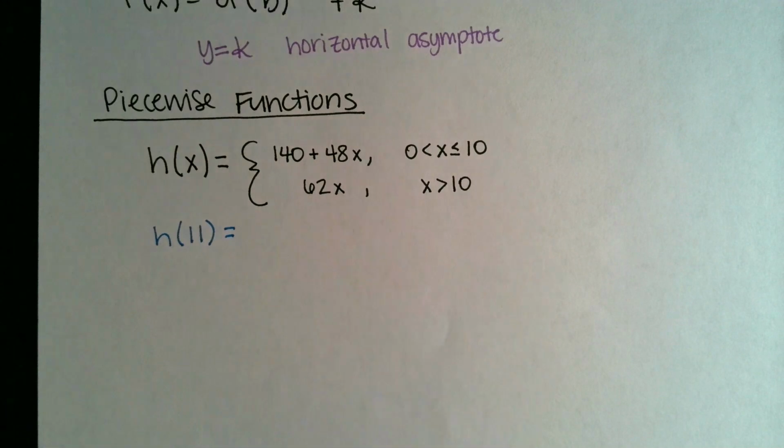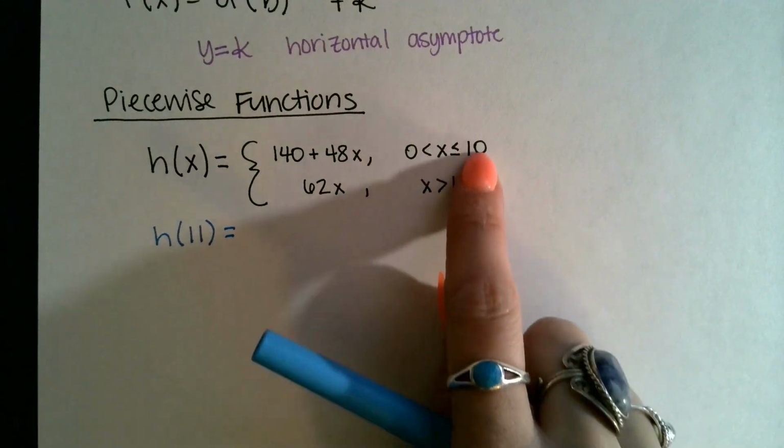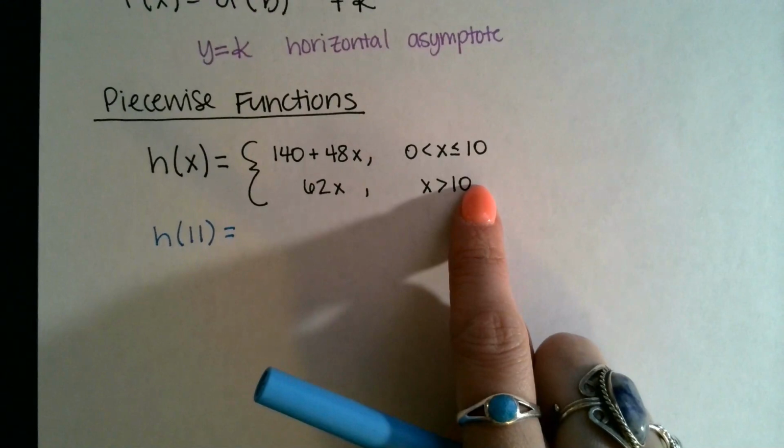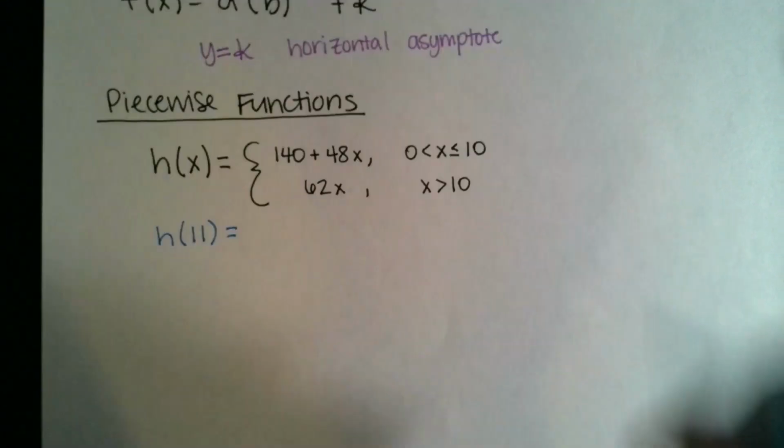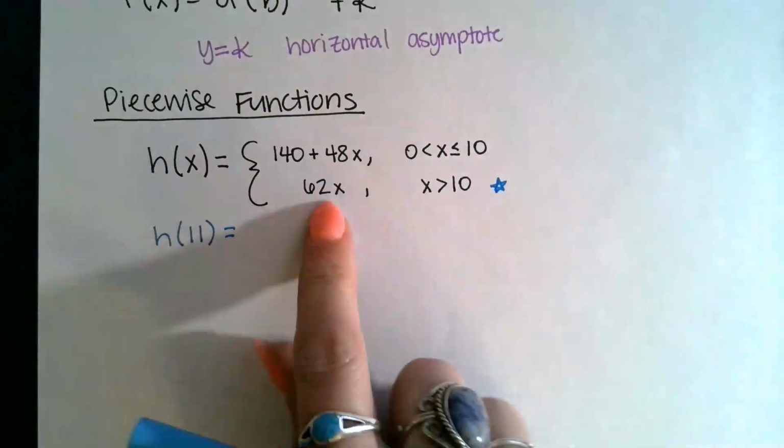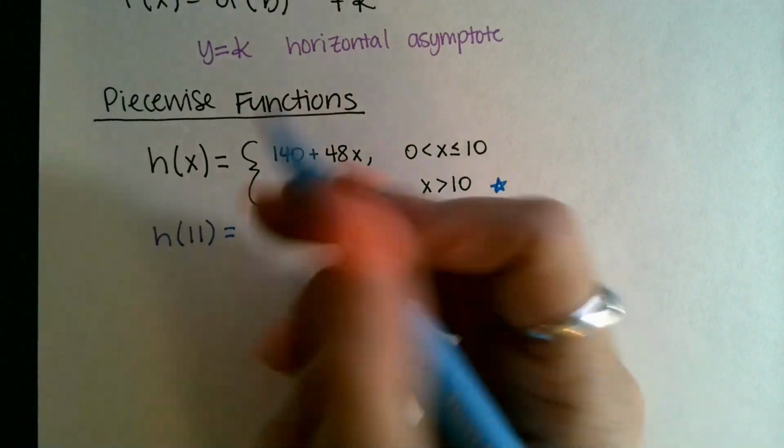All you had to do was figure out which of the two equations to use and get an answer, and then you just had to read the rest of the sentence. So, Hayden, based on these two domains, which one does 11 fall into? The bottom one. So that's the equation we want to use.